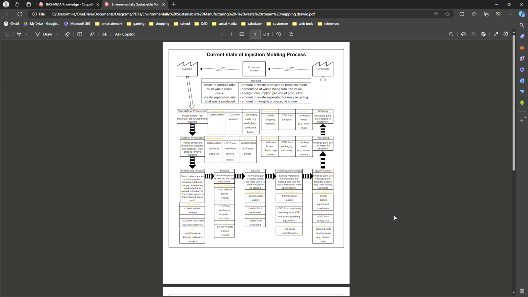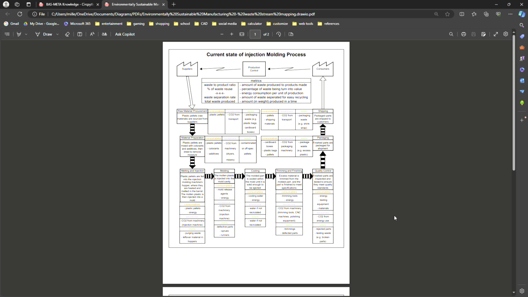And some metrics that I chose for this are waste to product ratio, which is the amount of waste to products made, percentage of waste reused, percentage of waste turned into value, as in using this waste or regrinding up the waste and bringing it back to the process, or shipping or selling the waste to suppliers, stuff along those lines.